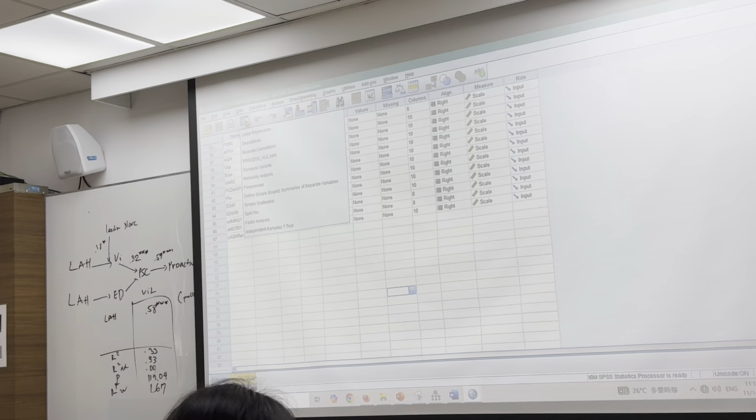But this is only step 1. Okay, to say a moderation effect is significant, we have 2 steps to verify. First step, the p-value of the whole model has to be significant. Second step, the interaction also has to be significant. Why?